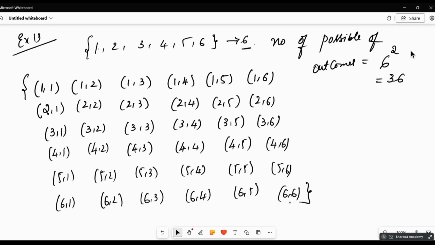Once you write all the options in the sample set, whatever question they ask, you can answer from within that. Even with coins it will come.